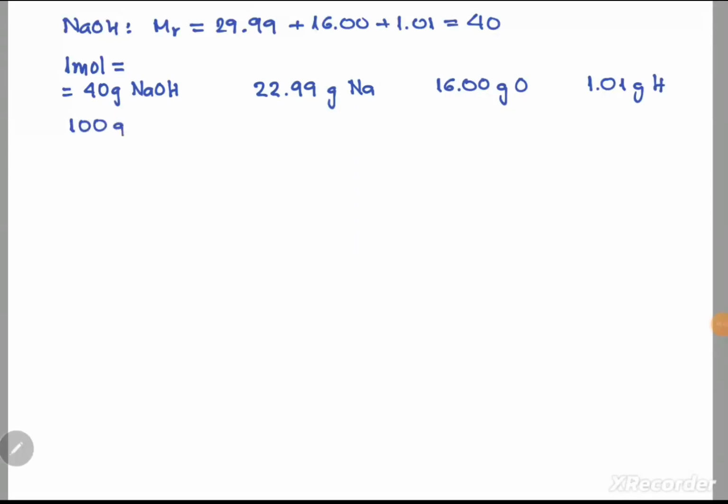In 100 grams sodium hydroxide, we have M1, M2, M3.